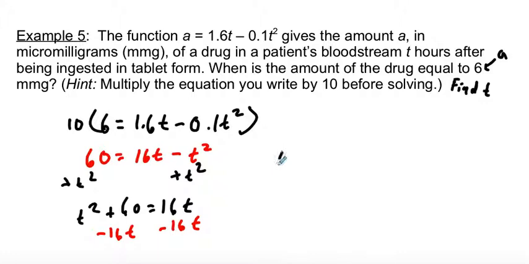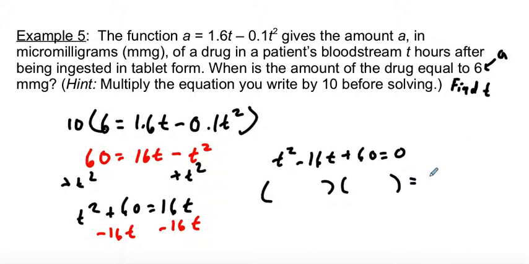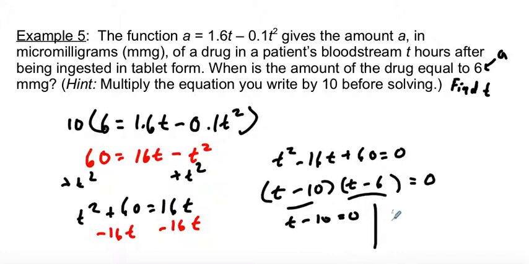So we end up getting t squared minus 16t plus 60 equals 0. If we can factor this, let's do that because that's pretty fast. What times what gives you t squared? It'd be a t. What multiplies to give you 60 and adds to give you negative 16? It'd be a minus 10 and a minus 6. So then how do you get 0? If you can see them, write them down. If you can't, set them equal to 0 and solve for t.